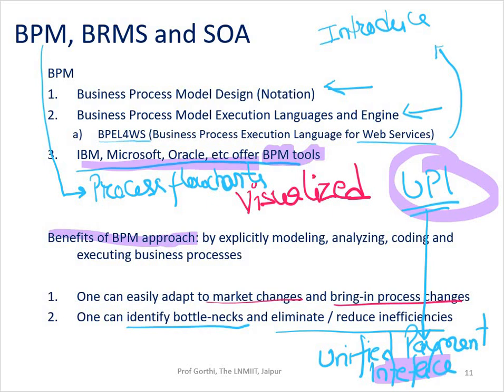I can have this business process modeling notation, or you can call it BPMN, which is business process modeling notation as well. I can have DFDs as well. I can take help of anything.